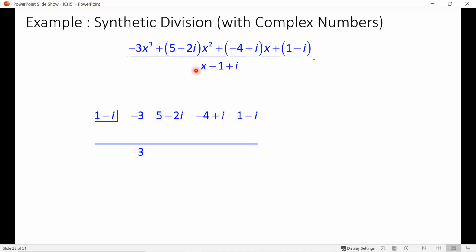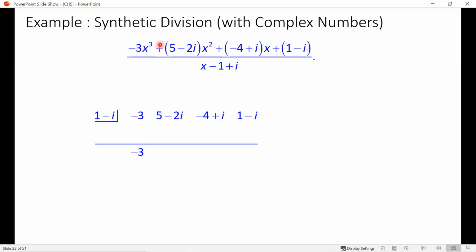And here our polynomial is x minus 1 plus I. So the value of x that would make this 0 is going to be 1 minus I. So 1 minus I is the 0, essentially, or the root. 1 minus I is the root that we are checking to see is in this polynomial up here.